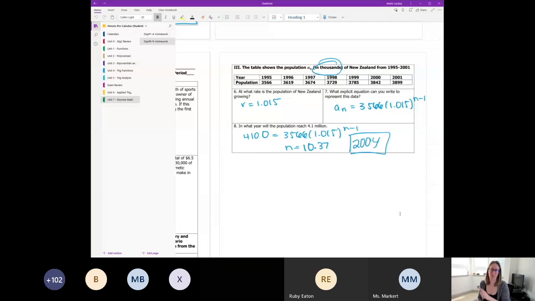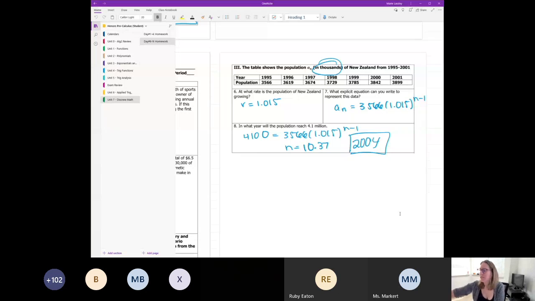You've got to move the zeros just because it says it's in thousands. I know it's kind of strange. But if you look at 2001, that's saying 3.8 million. Well, 3.899 million. So 4.1 million would be 4100.